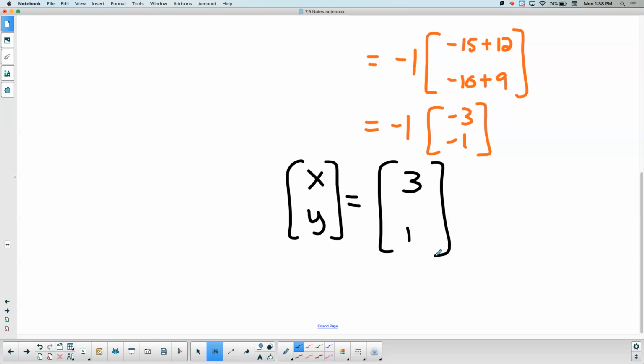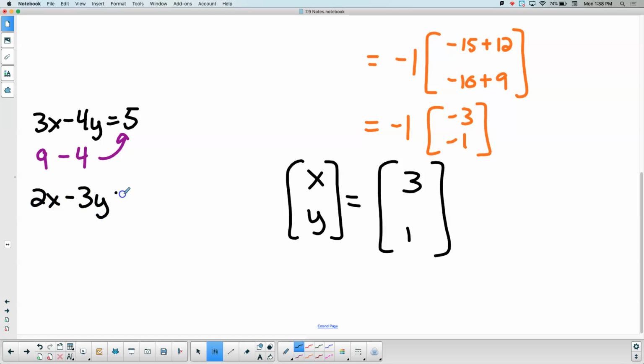The first equation was 3x minus 4y equals 5. If I plug in 3 for x, this is 9. If I plug in 1 for y, that's 4. 9 minus 4 is 5. 2x minus 3y equals 3. If I plug in 3, then that's 6. If I plug in 1, then that's 3. And 6 minus 3 is 3. That works out. So my answer over here would be 3, 1.